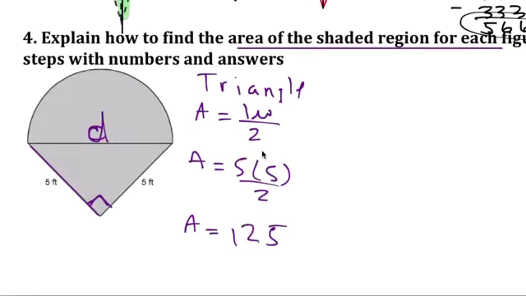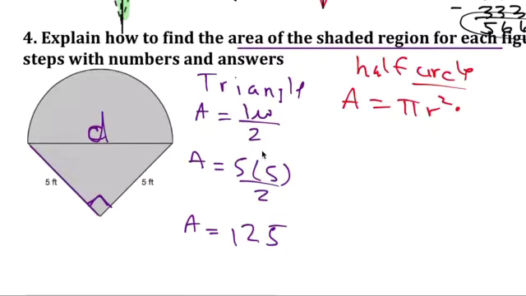Now half a circle is pi radius squared, times no height because it's not an object, divided by 2. So 3.14 times radius.